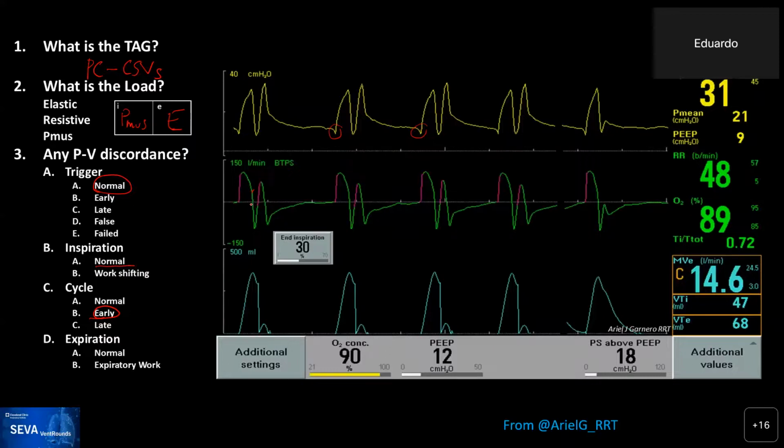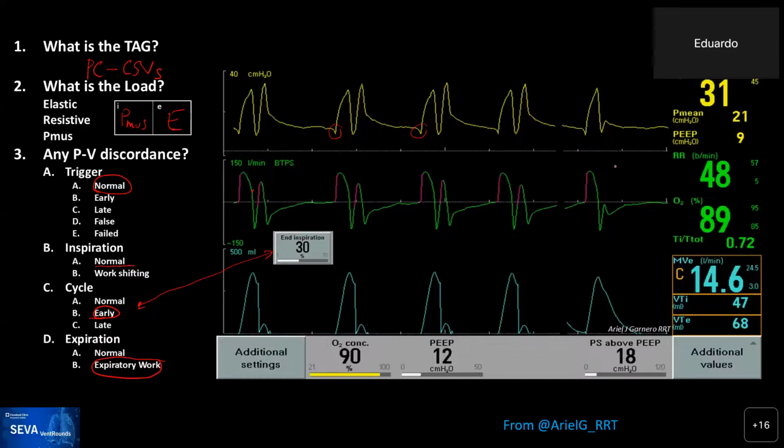So they drop rapidly, and then they may still be having PMOS, and so they trigger the next breath. This is a type of early cycle, and it's clinician induced. And then there's no evidence of work during expiration.